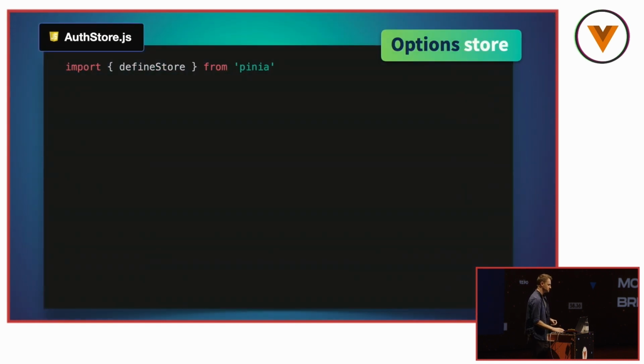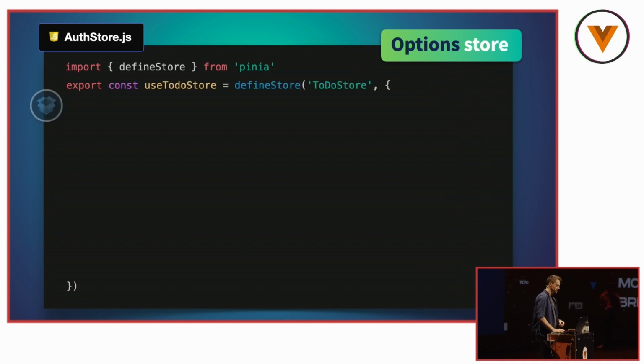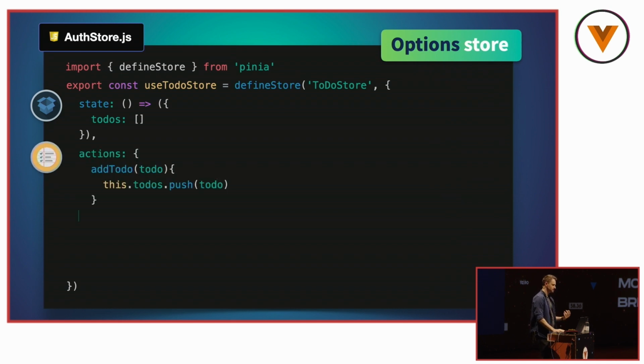Now, the differences come in when we're actually defining the store in terms of that second parameter here. So with an option store, that, as it sounds, is going to be an options object, which is that second parameter. And we will have our state as a property, our actions as a property, and the getters as well would be a property.